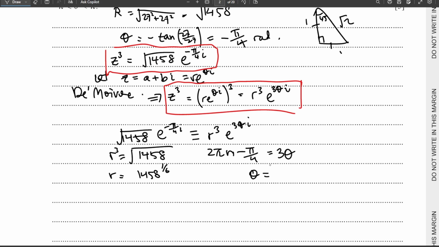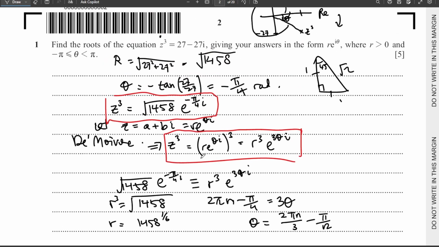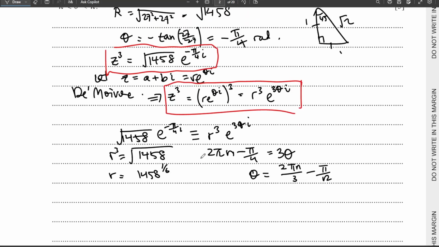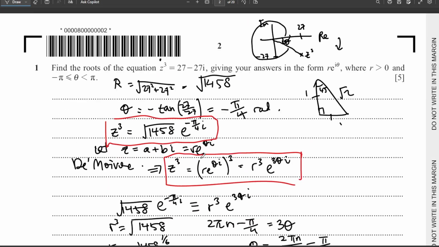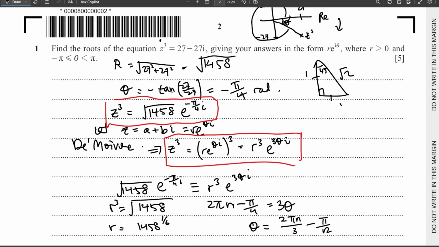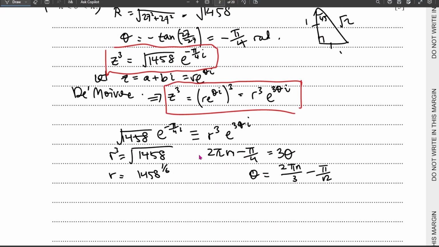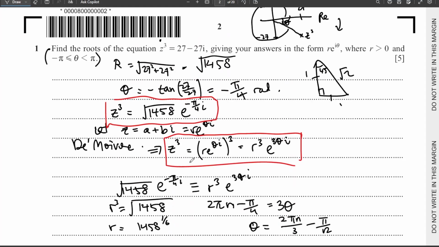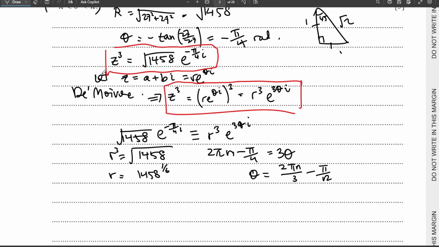For theta, after we simplify everything, we have this expression. We want to try the n values for which theta satisfies the boundaries.